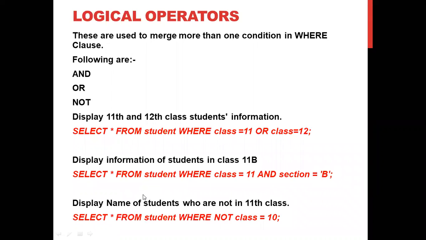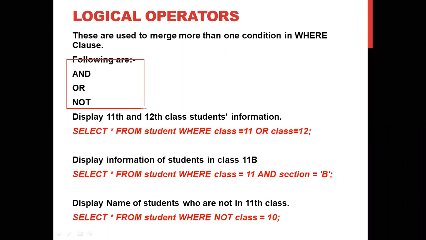Next one is logical operators. These operators are used to combine more than one condition. Then these are the logical operators: and, or, not. And means both the conditions must be true.